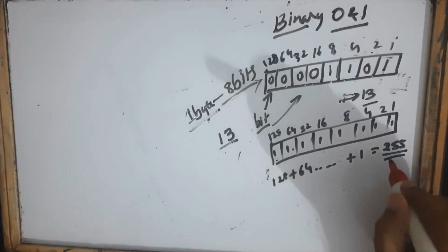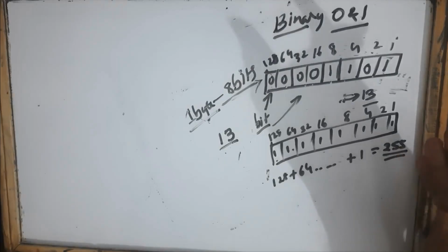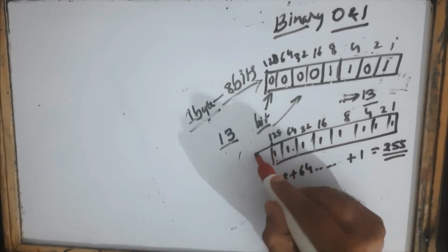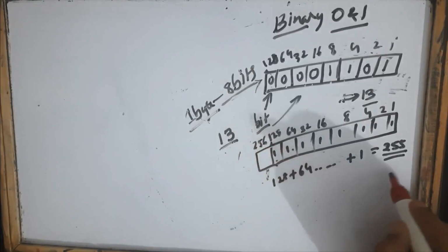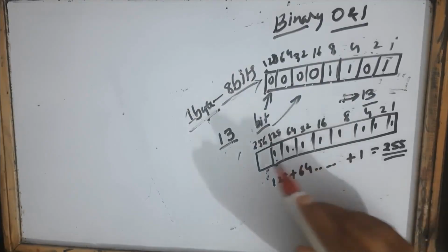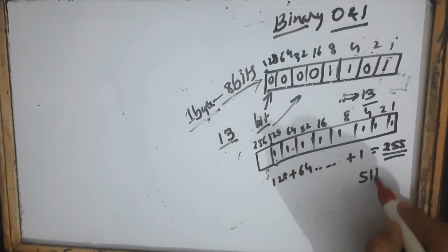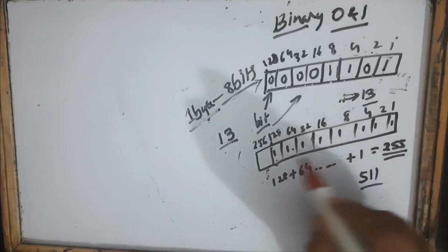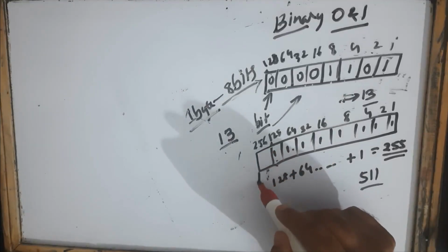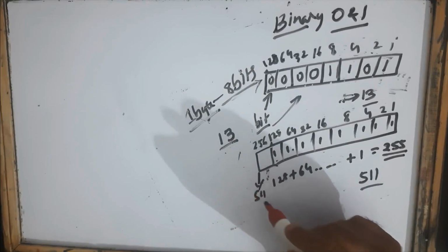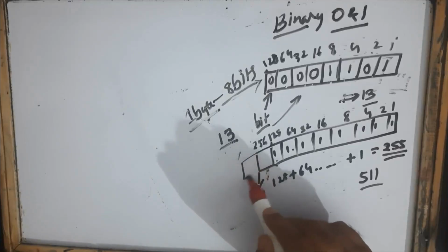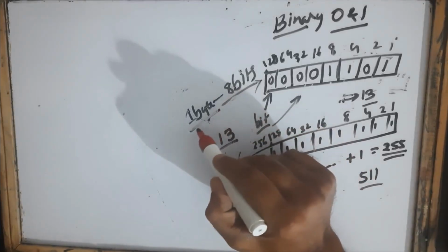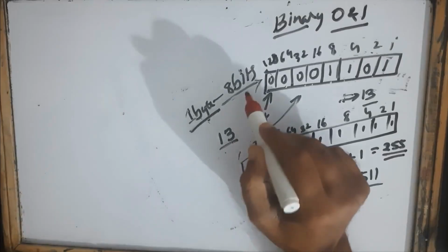What if we need a number more than 255? Then we need to add one more bit here, that is 256. That means we can have a maximum of 511. If you want some more, we can add one more bit like this, but in the order of 8 bits.